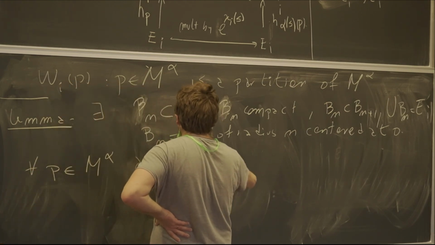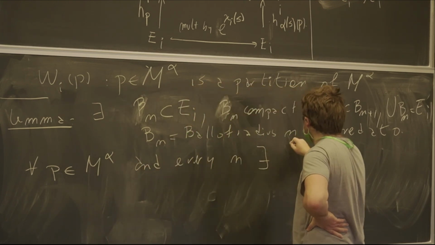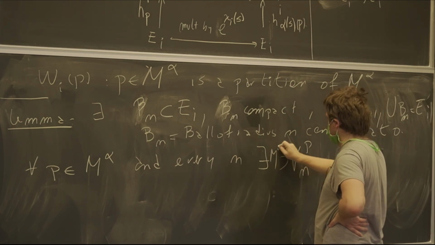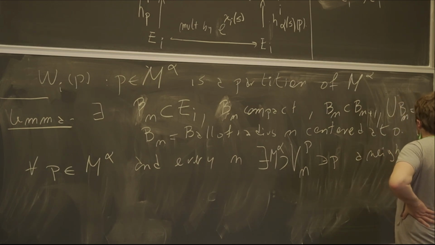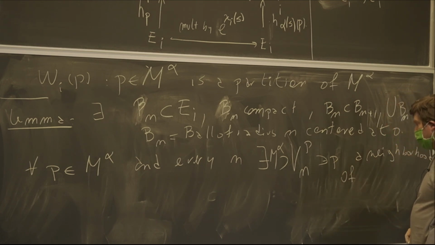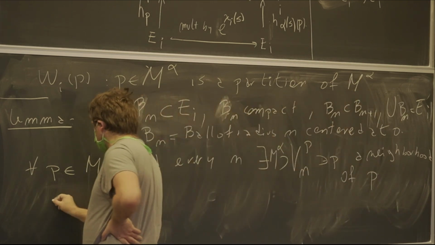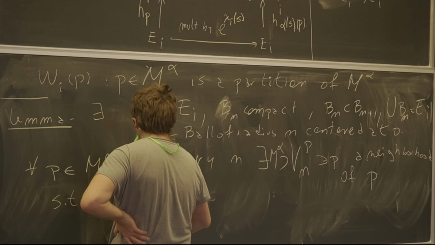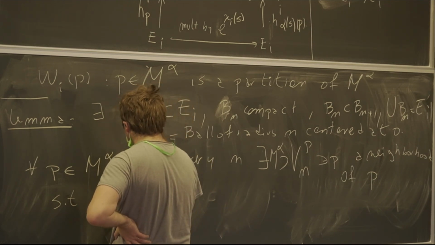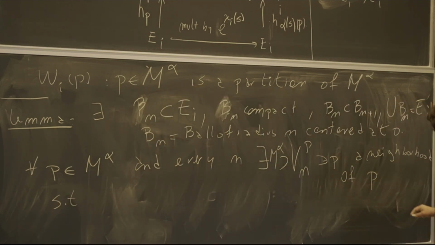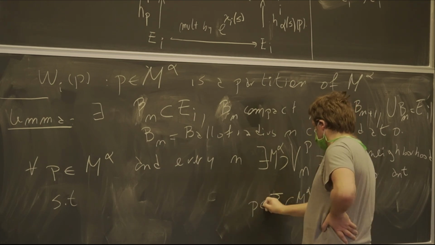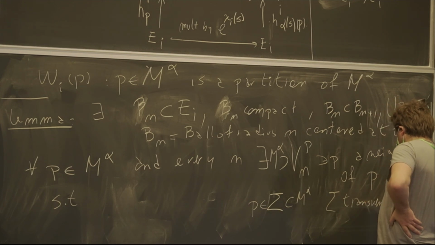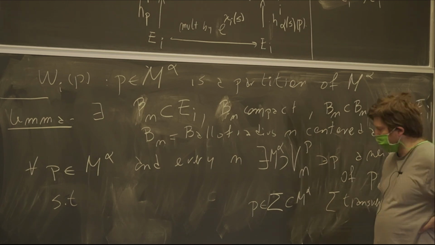for every P in M alpha and every n, there exists a neighborhood V of P such that Bn P, actually the transformation, and some sigma contained in M alpha, sigma transverse to WIP, so a 4-dimensional manifold.